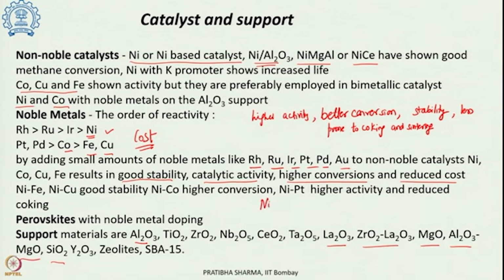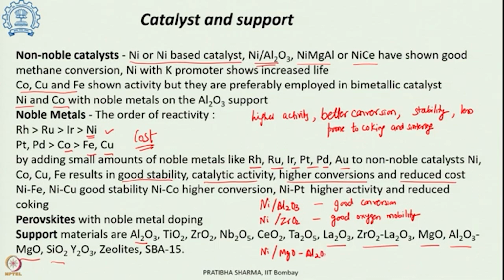For example, nickel on alumina has good methane conversion. Nickel on a zirconia support has good oxygen mobility. Nickel with magnesium oxide and alumina has better stability as well as activity.